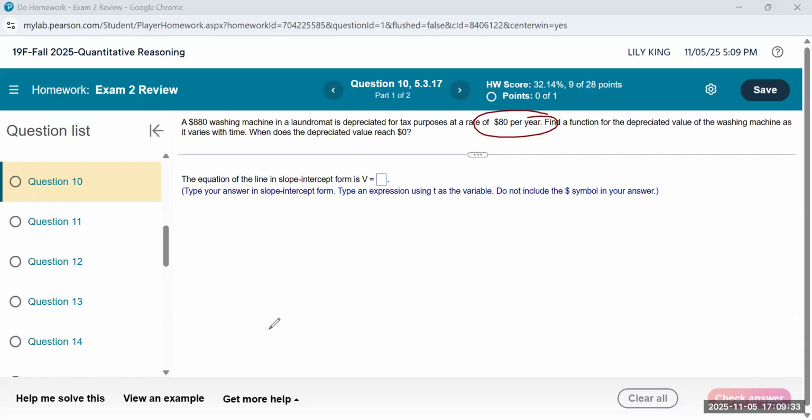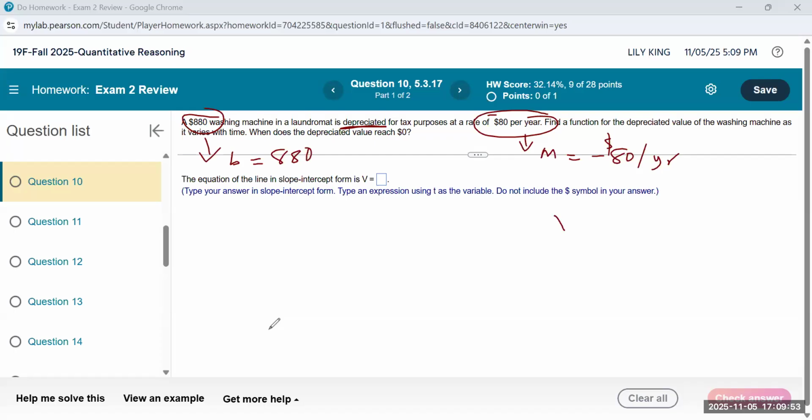Now, because of the depreciation, the slope here is what? Negative. So your slope m is -$80 per year. And your starting value is your b, which is 880.